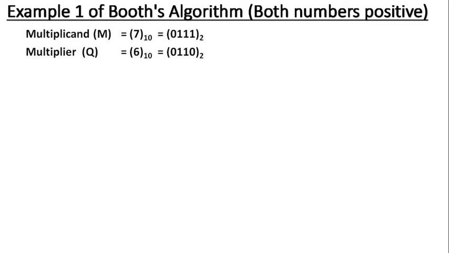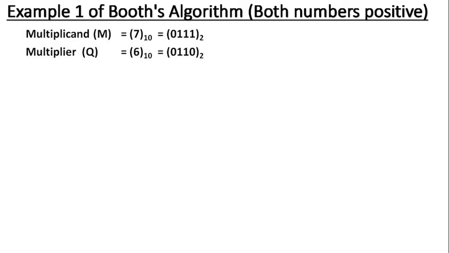And that is essential. In case of Booth's algorithm, you need to reserve 1 bit for the sign. And that sign bit, which is the MSB bit, should be 0 for a positive number. Both multiplicand and multiplier are positive. That's why the MSB bit of both representations in binary is 0, subsequently followed by their corresponding magnitudes.